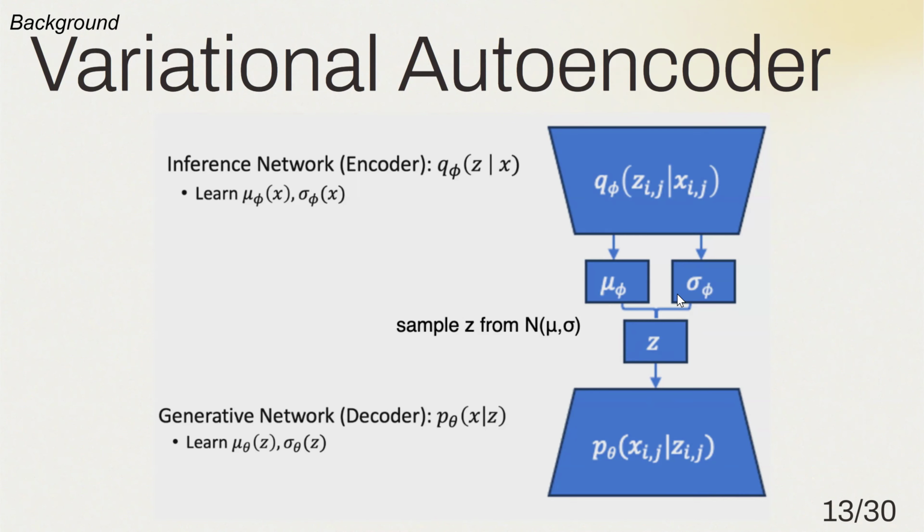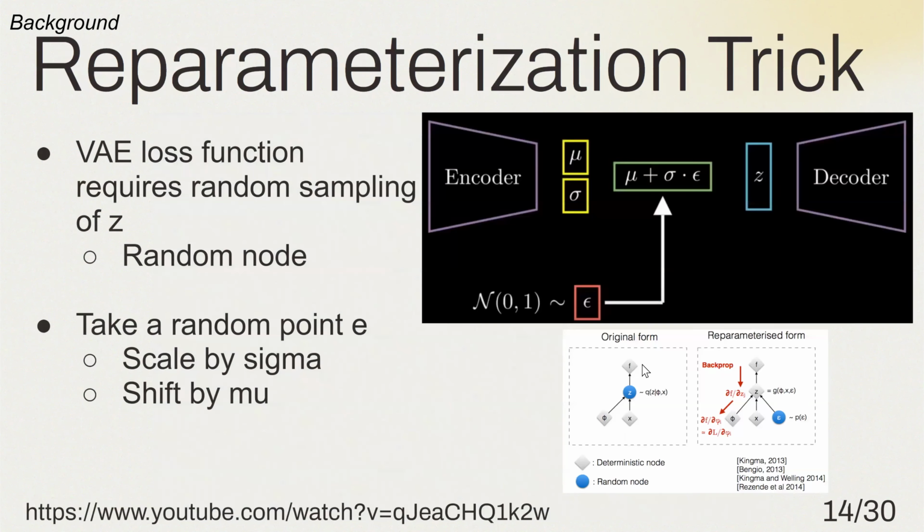This is trained using the loss function that I showed in the previous slide, which is the ELBO loss. That essentially operates off of the reconstruction loss and the KL divergence between the actual distribution and the estimated one.